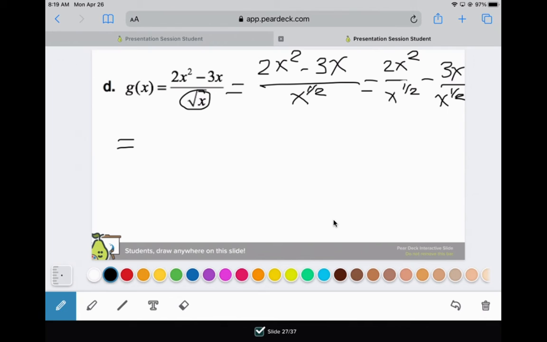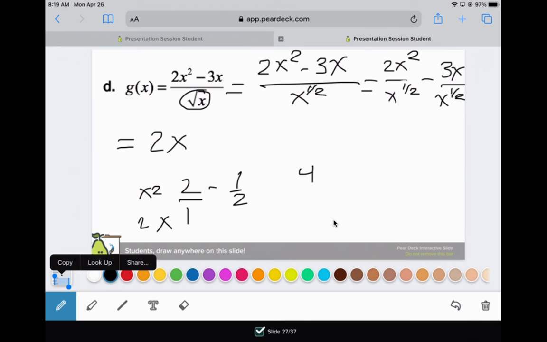So over here, 2 minus 1/2. If you do 2 minus 1/2, this is 2 over 1 times 2, so 4 over 2 minus 1/2 is 3 over 2. That's when you do it by hand.